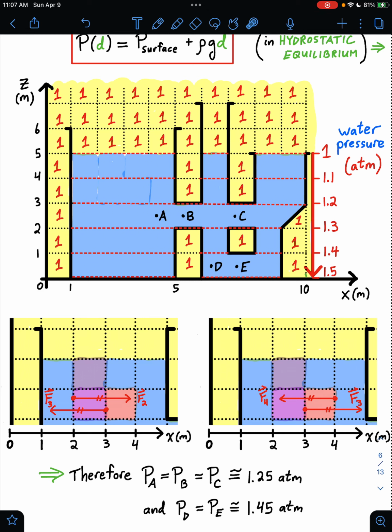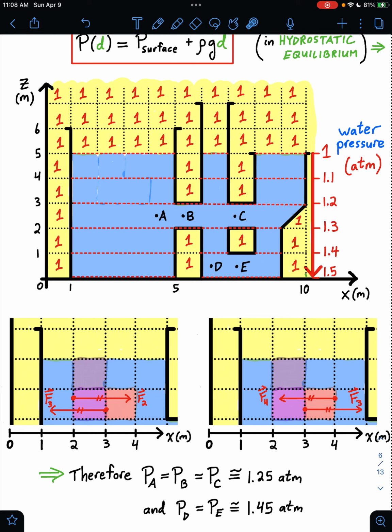And those two forces have to cancel if our element is in hydrostatic equilibrium. So the force at position 3 must be equal to the force at position 2. Furthermore, if we look to the right at this reddish cube and the forces on it, it'll be pushed to the left by this cube here with a force we'll call F4 being exerted at position 4.